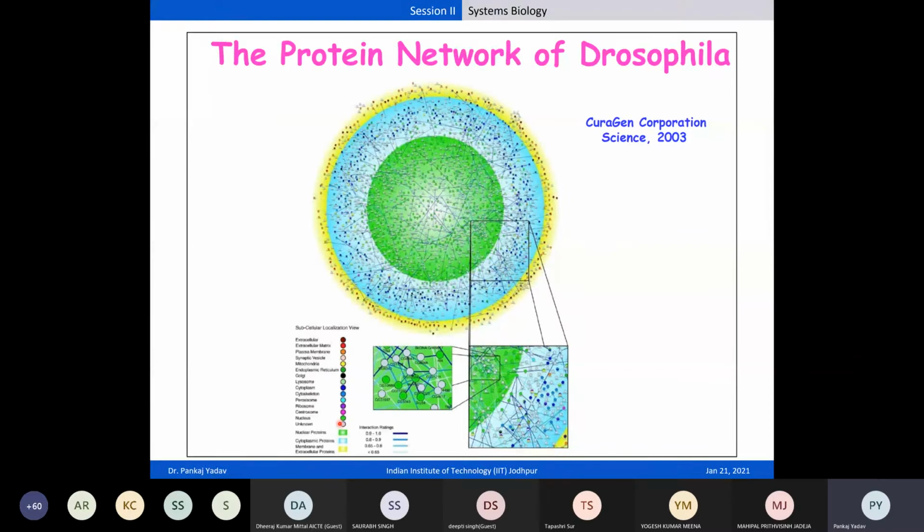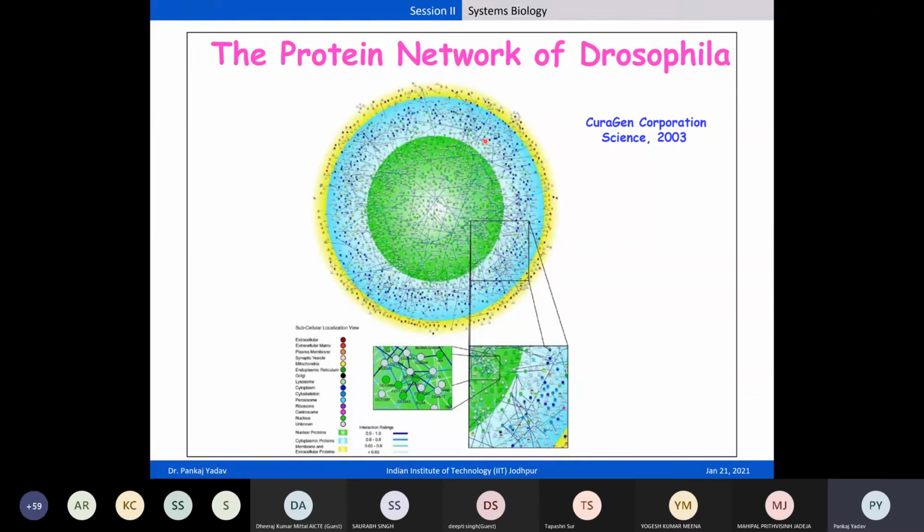So this is how the protein network of Drosophila looks. This was published in Science in 2003, and it has become one of the most attractive figures in the field of protein networks. You can see that most of these biological networks are really very complex.